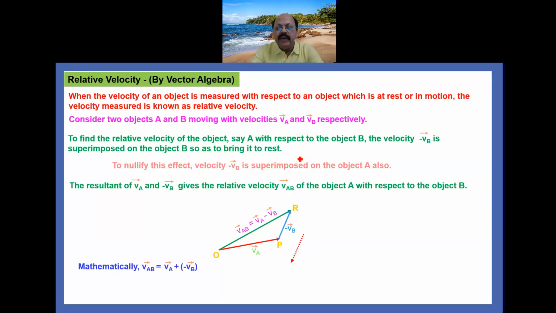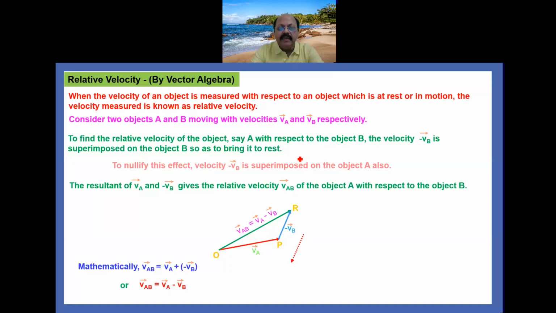Mathematically, we write VAB vector equal to VA vector plus minus VB vector, that is, the addition of the negative vector of velocity of object B. That is, the relative velocity of object A with respect to object B is equal to the vector sum of the velocity of A vector and the negative velocity of B vector.